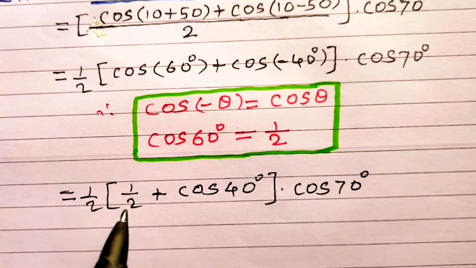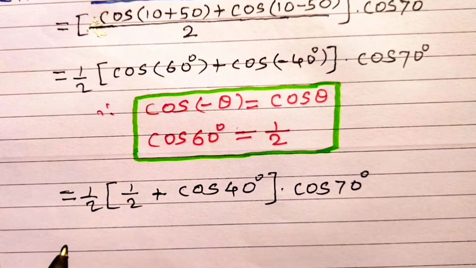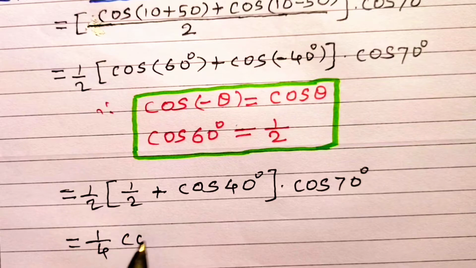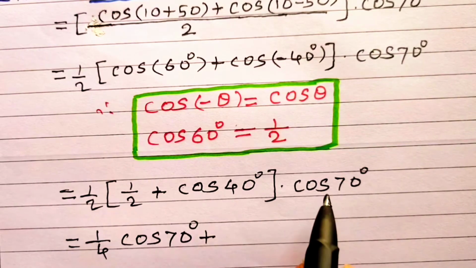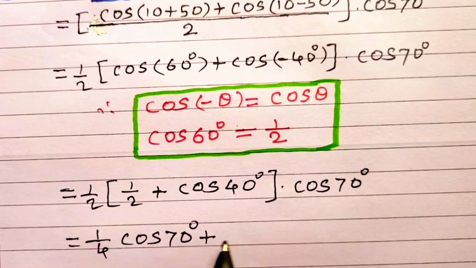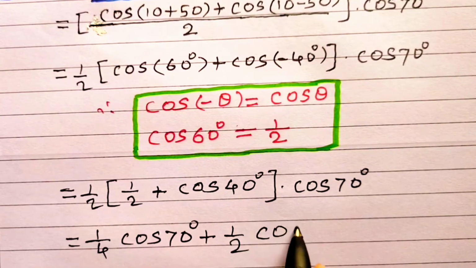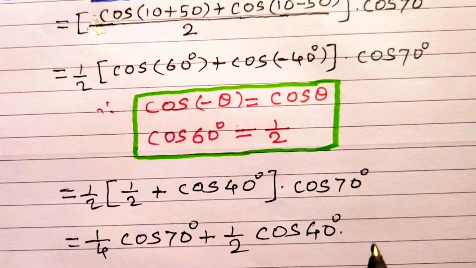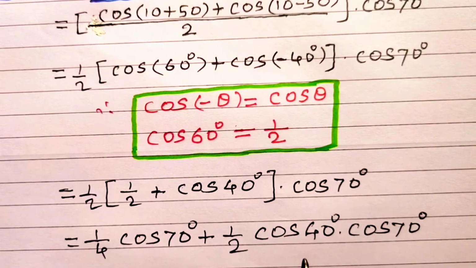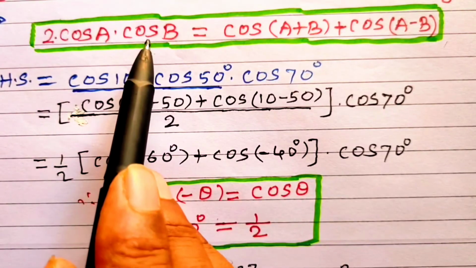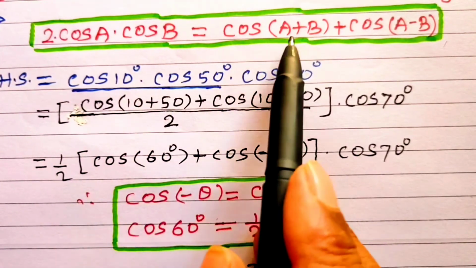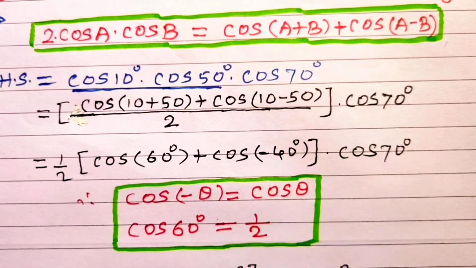Then 1 upon 2 into 1 upon 2 into cos 70 degree, which is equal to 1 upon 4 cos of 70 degree plus 1 upon 2 into cos 40 degree into cos 70 degree. That is equal to 1 upon 2 cos of 40 degree into cos of 70 degree. Once again apply this formula. 2 times cos A cos B is equal to cos of A plus B plus cos of A minus B. Apply here.